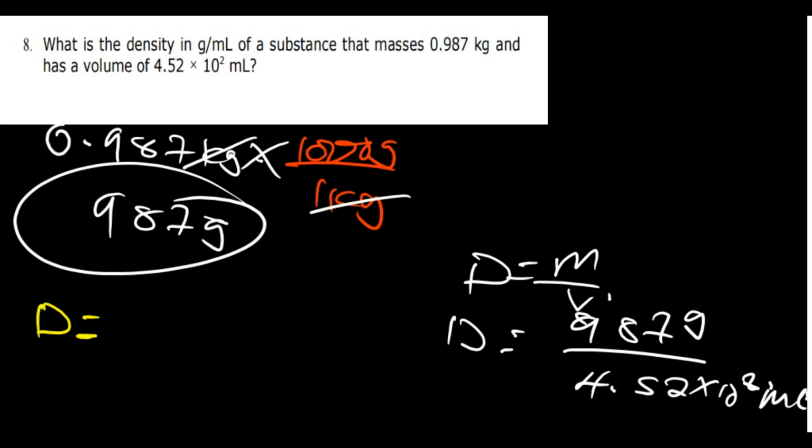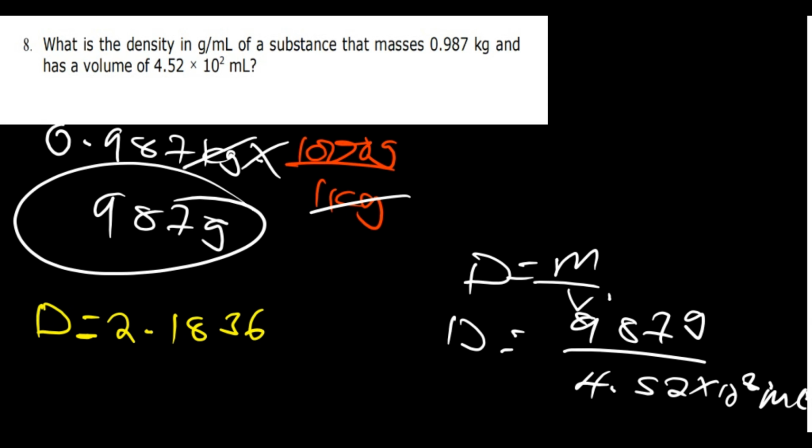We're going to have 987 divided by 4.52 times 10 squared, which is giving me 2.1836.